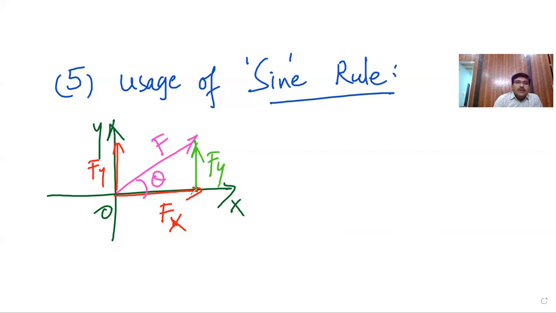So Fx bar plus Fy bar is F bar. This is the triangle. This theta we have just calculated by making use of tan. You can simply make use of the sine rule also. This is the triangle. Clear?